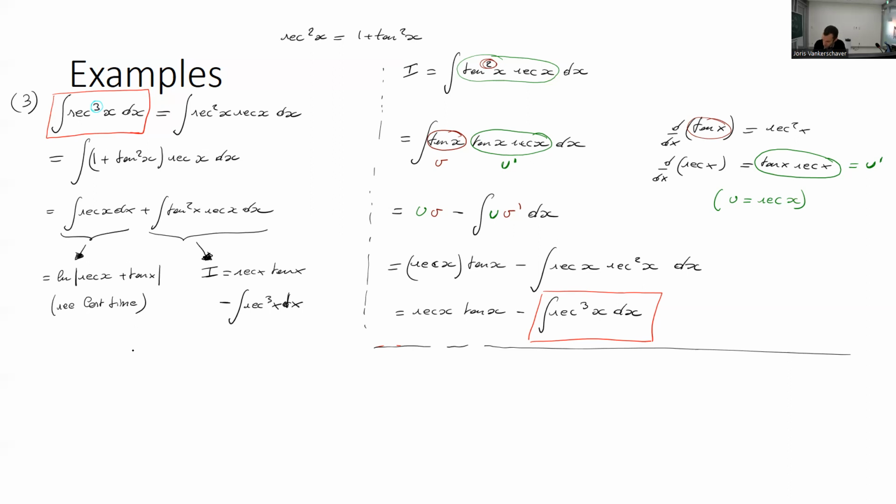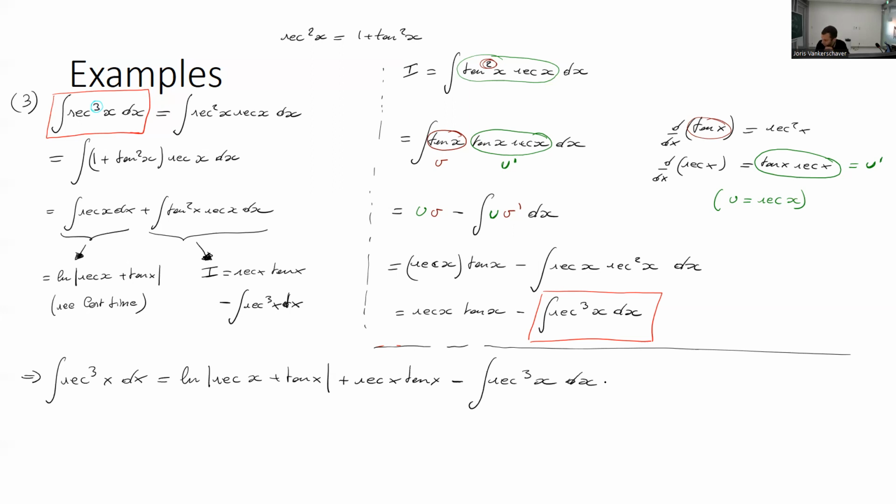And if I now write down where I started from, secant to the power 3 x dx, I obtained first this term, ln absolute value secant x plus tan x, and then plus this integral that I called I, so plus secant x times tan x minus integral of secant to the power 3 x dx. So that's what I've obtained so far.